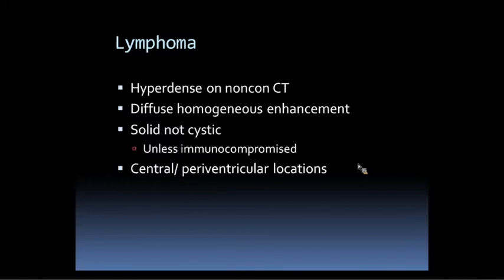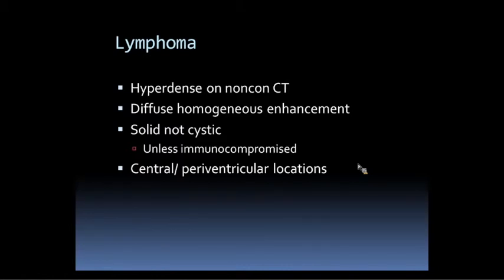paraventricular regions, and it's hyperdense based on its cellularity and its nucleus to cytoplasmic content. There are some other lesions that are also classically dense, like in children, medulloblastoma and PNET. Meningiomas can be somewhat dense as well, partly due to the calcification.